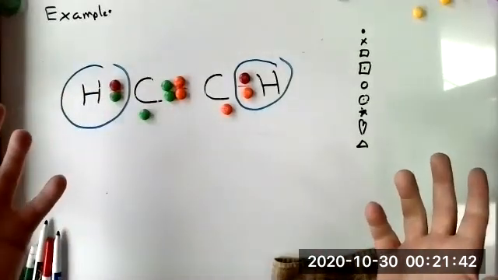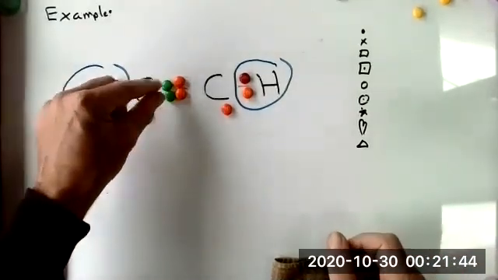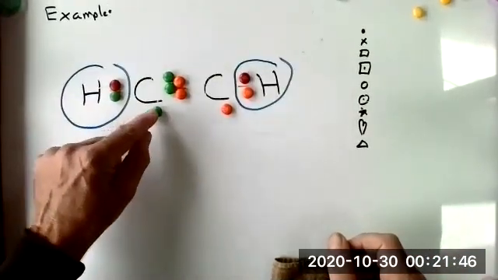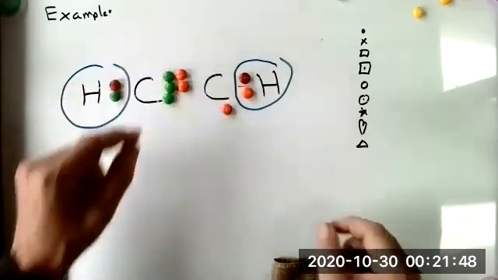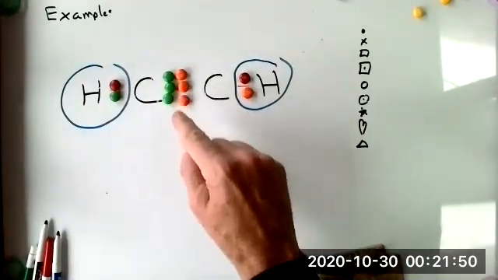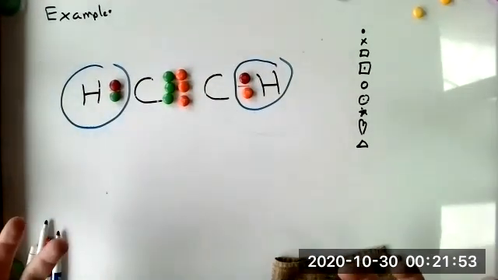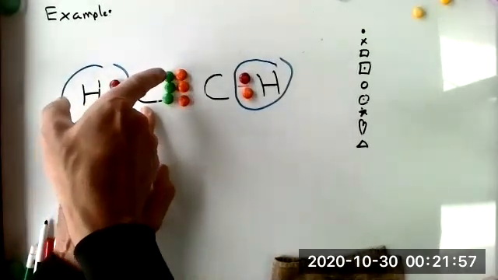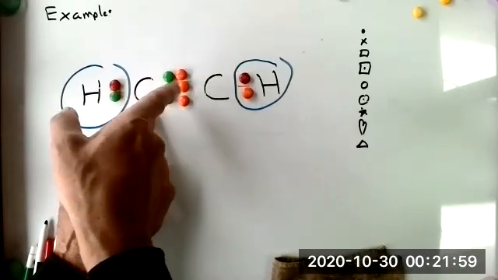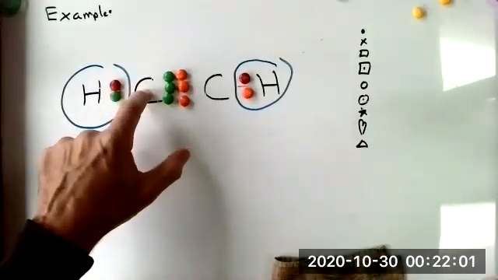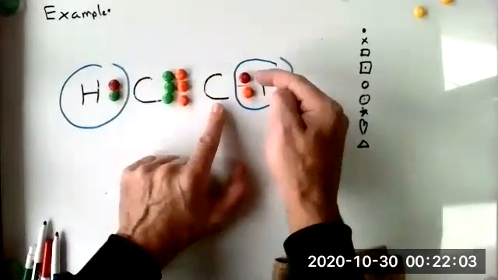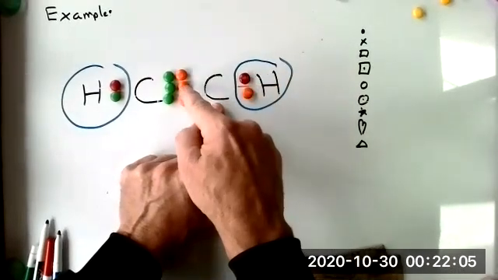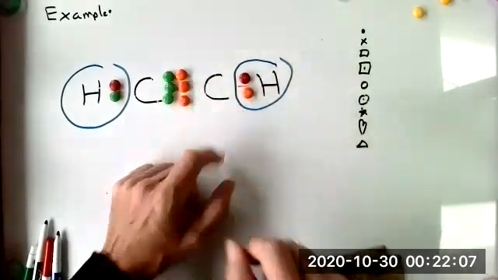Well, a bond larger than a double is only a triple, which means he slides in this one, but you better slide in this one along with it. Now if you count this carbon, 1, 2, 3, 4, 5, 6, 7, 8. He's got his 8, and this carbon the same thing. 1, 2, 3, 4, 5, 6, 7, 8.